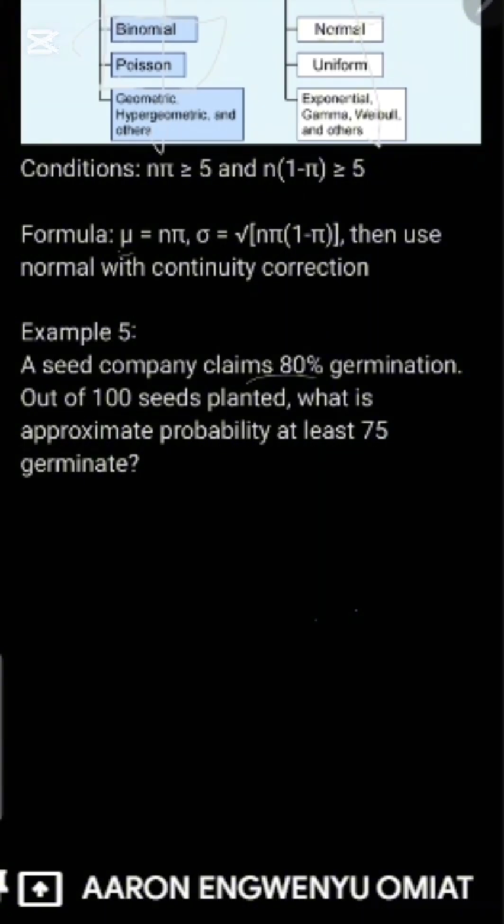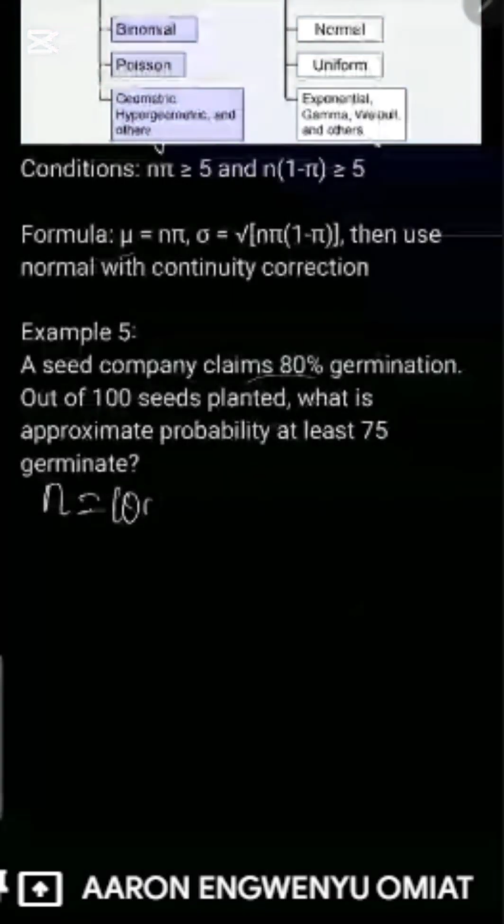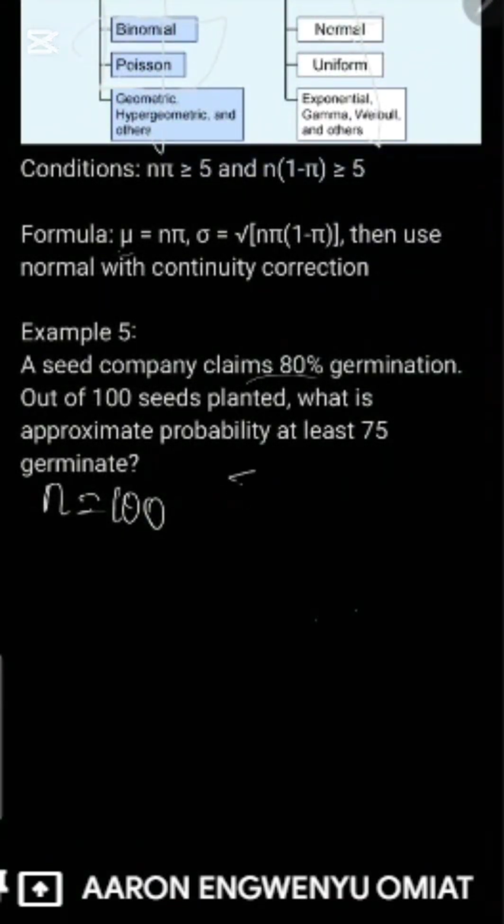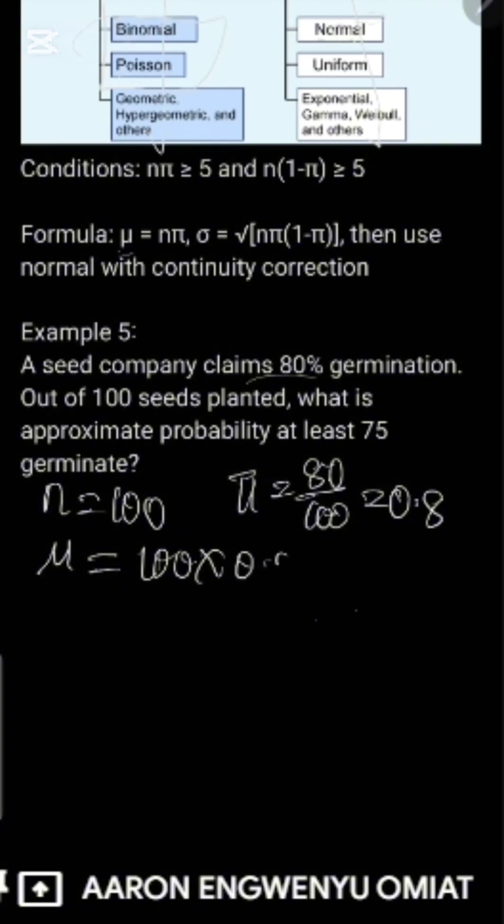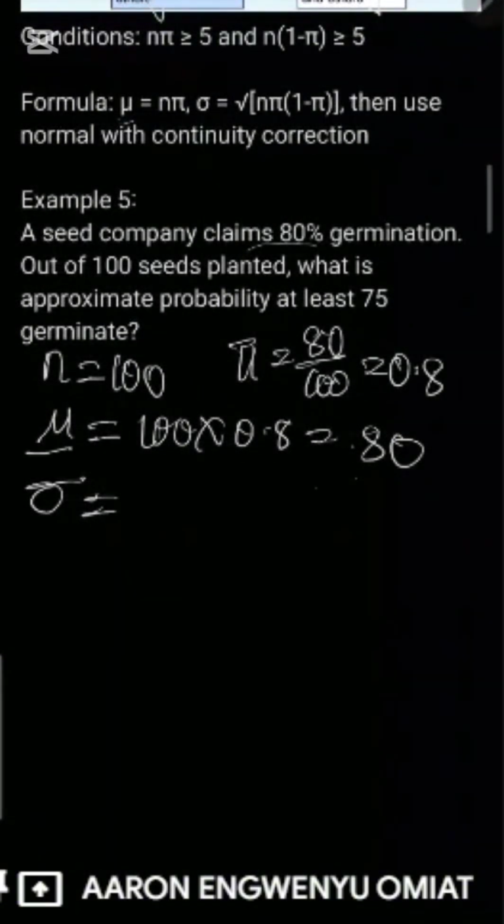So we know our trials are 100, our successes 80 over 100 is 0.8, and our mean is 100 times 0.8, which is 80. Because we're dealing with the normal, we need the mean and standard deviation.